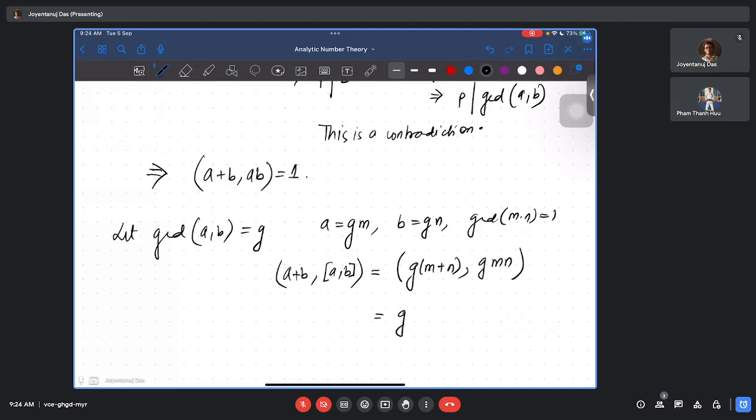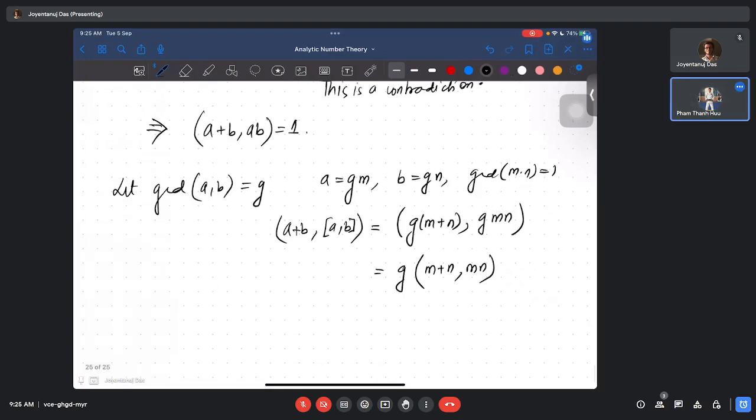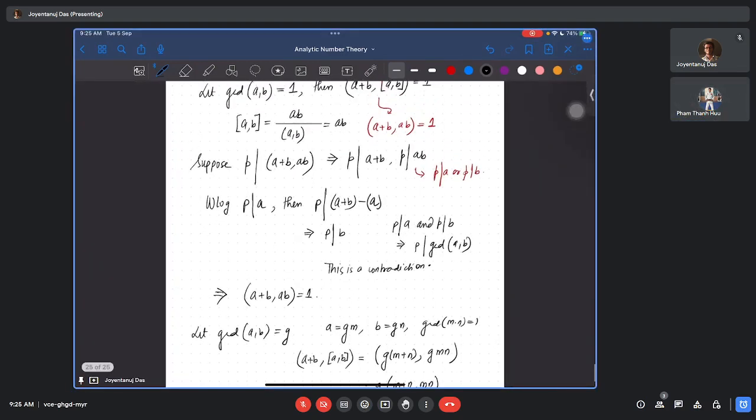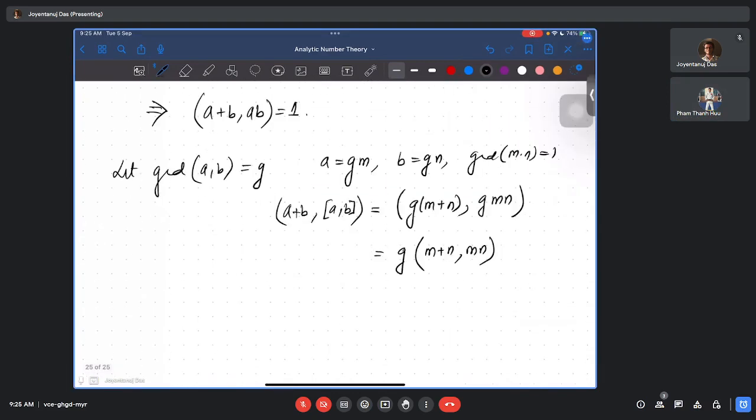I can take out G because it is common in both terms. On the other side, I have the GCD of A and B, which is G. Since the GCD of M and N is 1, this part is 1. So this is G, and G is nothing but the GCD of A and B.